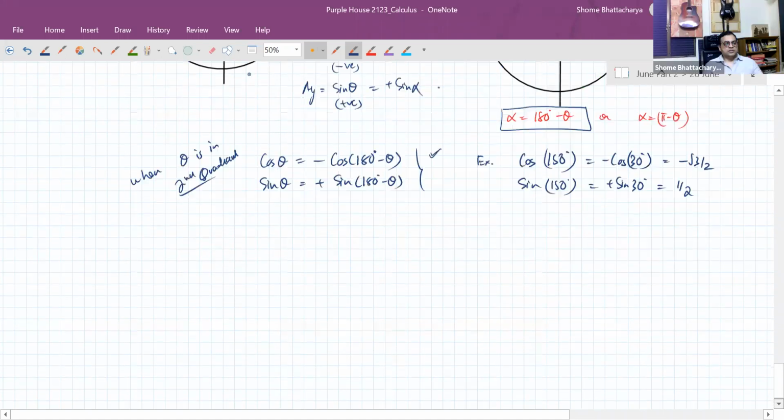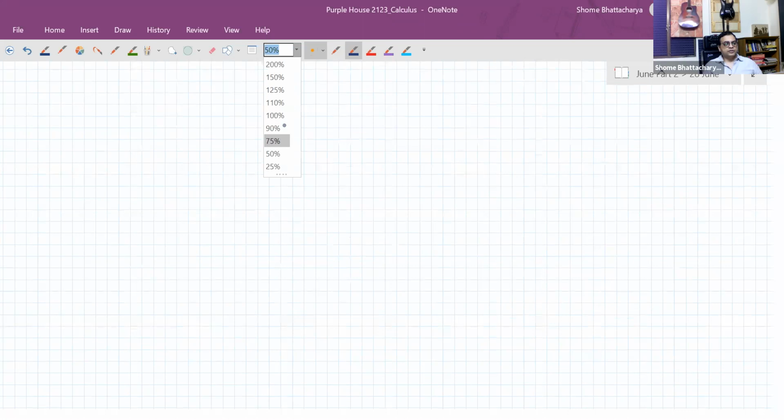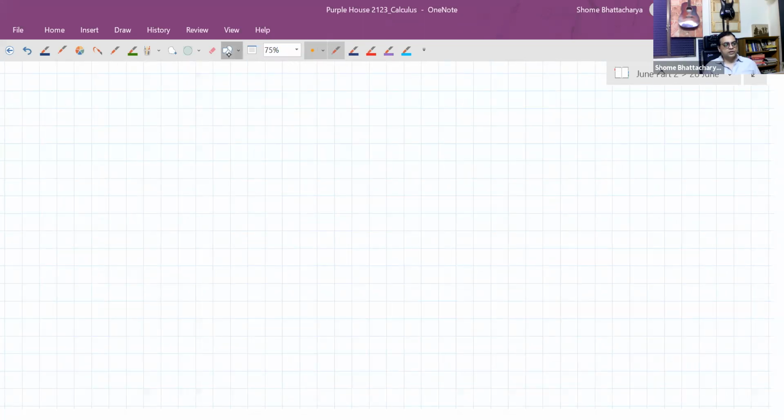Okay, so coming back to this graph of sine and cos, now you can visualize further how the graph goes beyond pi by 2 or beyond 90 degrees.